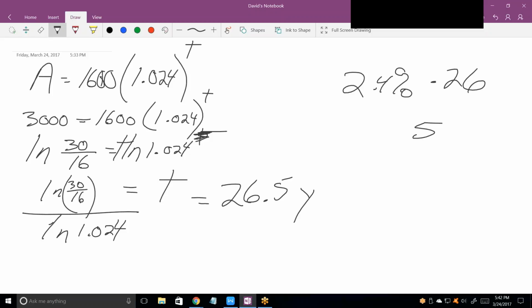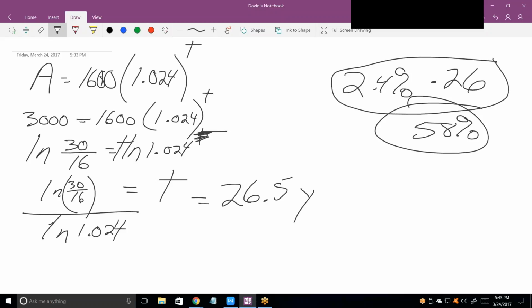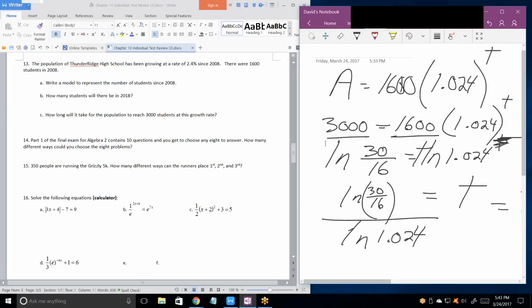About 58%, which isn't double. But that's because that's not compounding. All I did was just multiply 2.4% times 26 years. If you compound it every year, then it does almost double in this 26 years. It goes from 1,600 to 3,000. So it's close to doubling in a lot less than you would think. So compounding definitely makes a difference, and it helps.